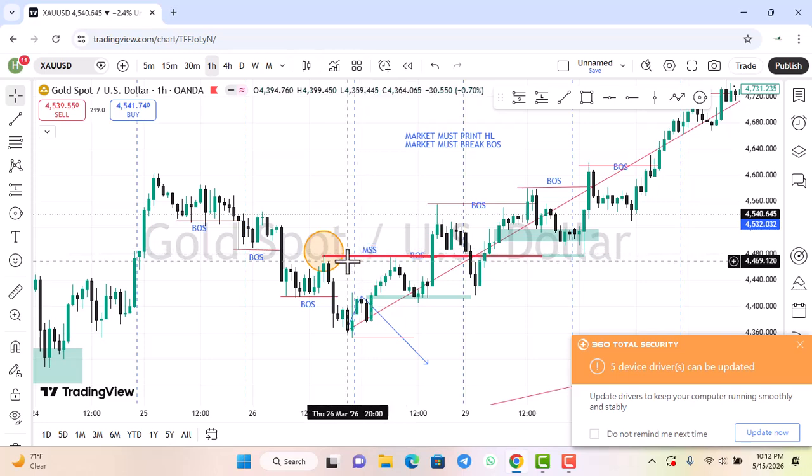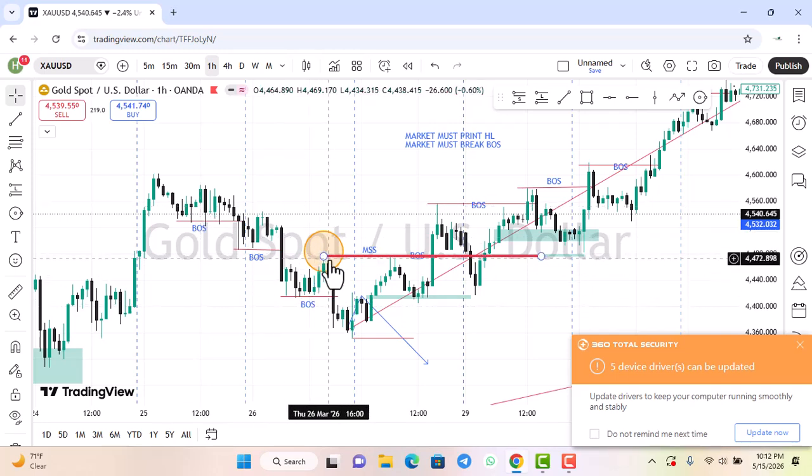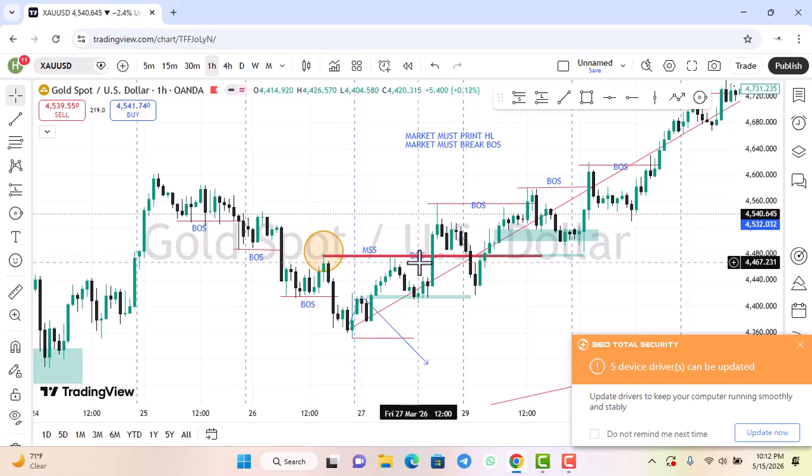Why? Because market break above the recent lower high. If market should continue to sell, it will not break the recent lower high. But when markets break the recent lower high, that means we have a market structure shift.